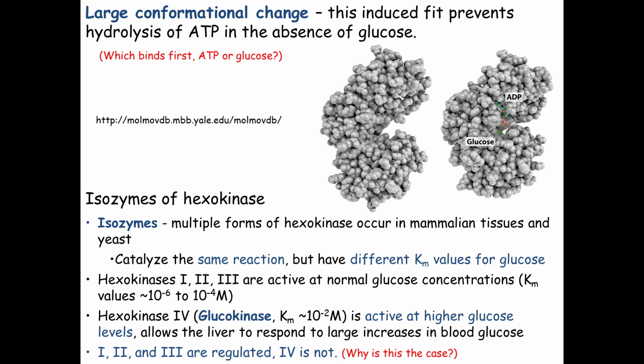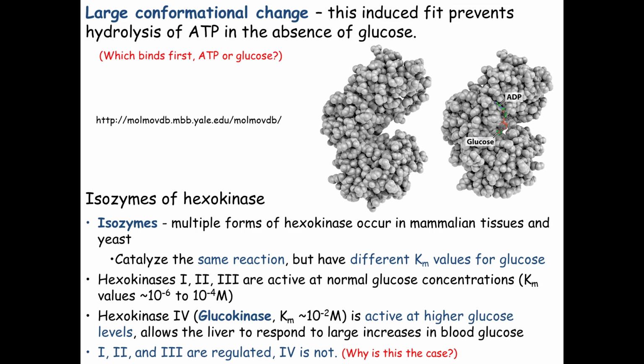Right, so hexokinase does phosphorylate glucose, but it isn't the only kind of hexokinase there is. Right? We have isozymes of hexokinase. What that means is they do the same chemistry, the exact same chemistry. They phosphorylate glucose, but they have different affinities for their substrates.